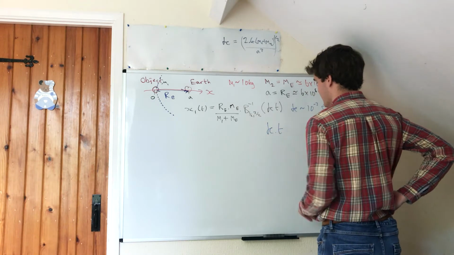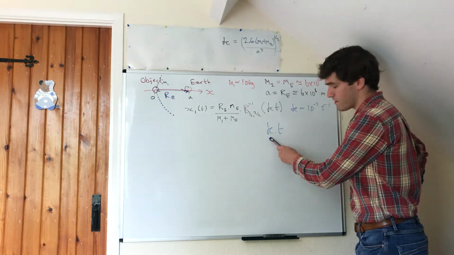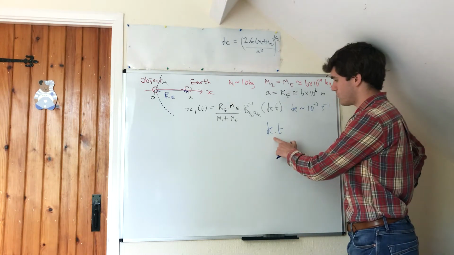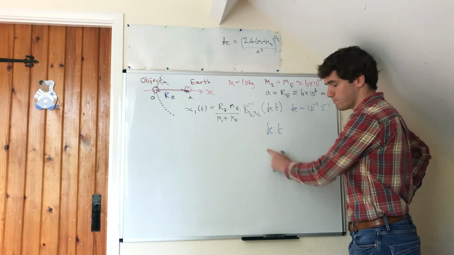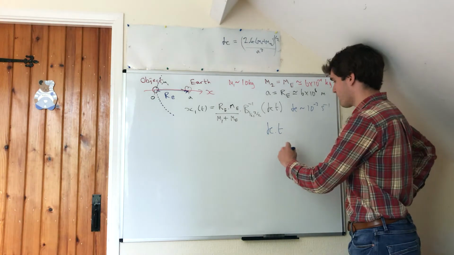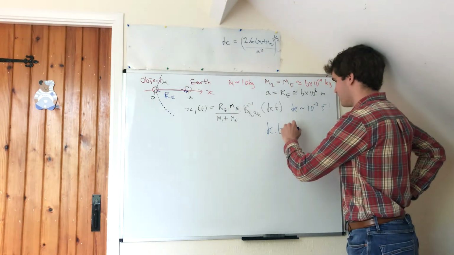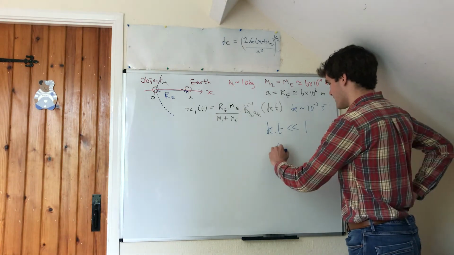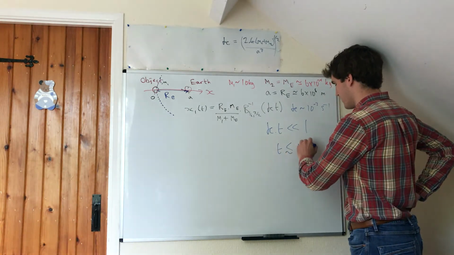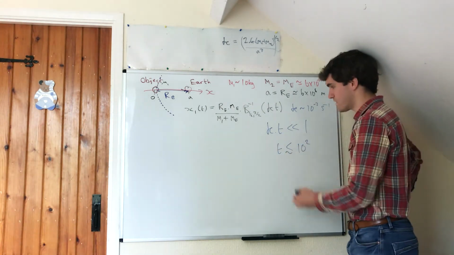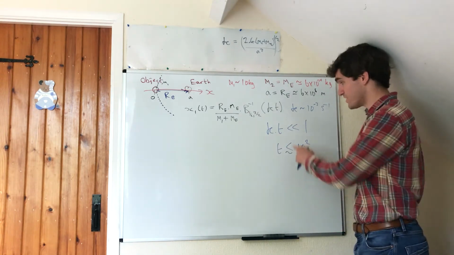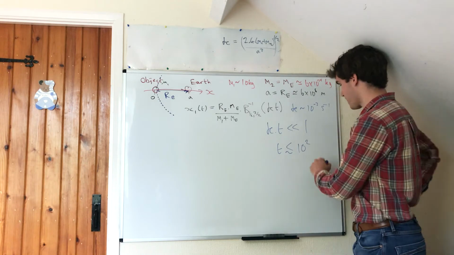Now kappa is already of order 10 to the minus 3. So in order for kappa t to remain much less than 1, t can be anything of order roughly up to 10 to the 2, because then kappa t will be something like 10 to the minus 1, like 0.1, which indeed is much less than 1.